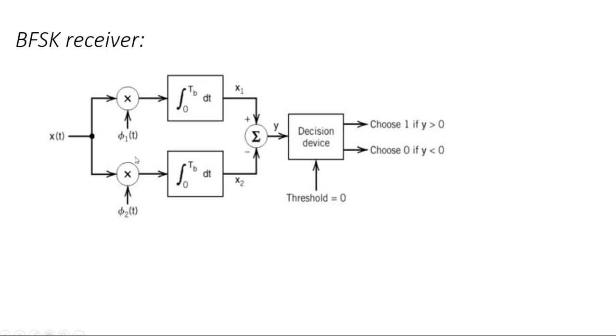For example, when x of t is nearer to S1 of t, this output is higher as compared to the other, so y will be positive. The decision device will choose 1 when y is greater than 0, when x of t is closer to S1 of t. So x1 is higher than x2, and the output will be positive.